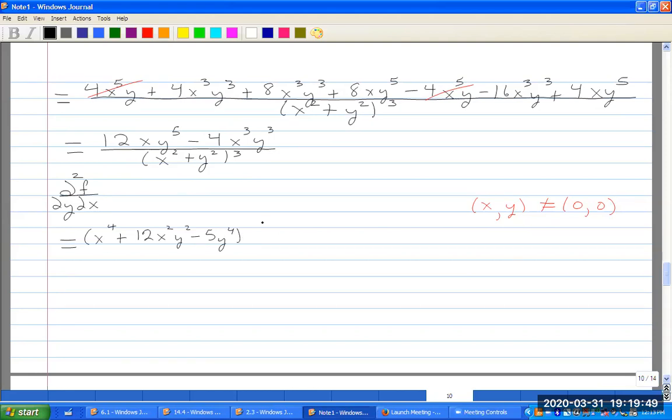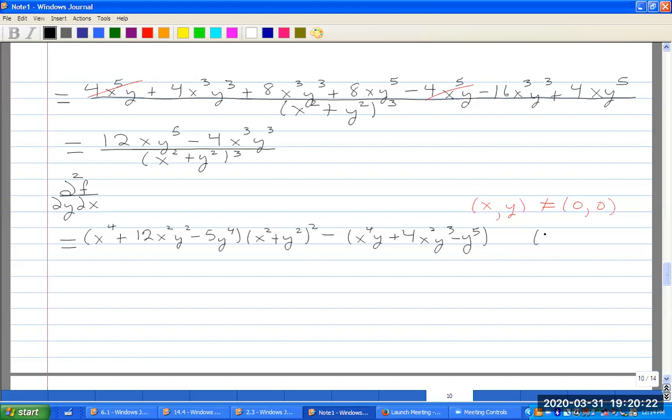Derivative of the numerator times the denominator, x squared plus y squared squared, minus the numerator, x to the 4th y plus 4x squared y cubed minus y to the fifth, times the derivative of the denominator.